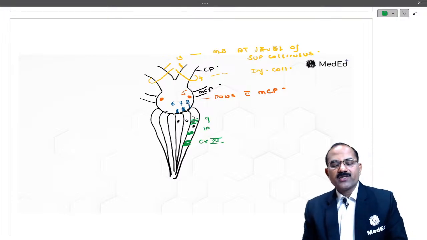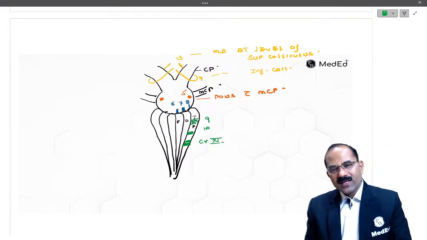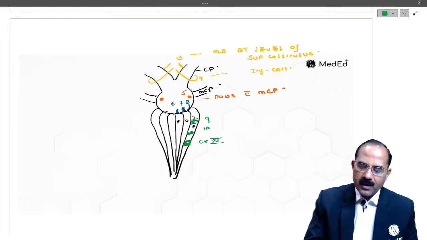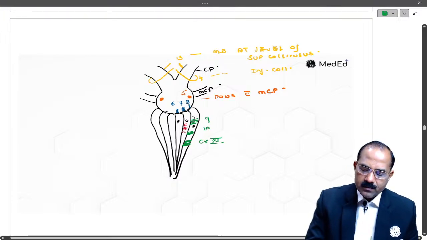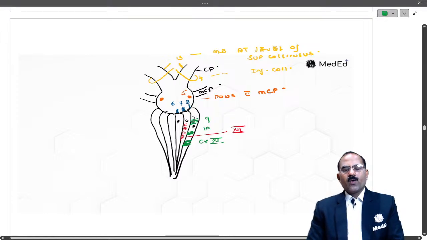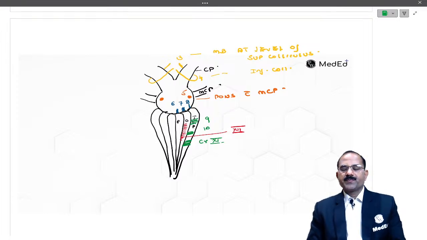They're attached at the junction of olives and the inferior cerebellar peduncle. And what is this nerve which is present between the pyramids and the olives? Pyramids and olives, what's this? 12th nerve. Between the pyramids and the olives is the 12th nerve. Clear, bacha?